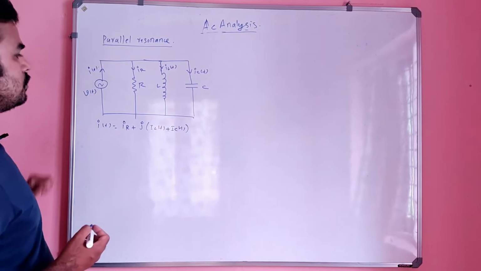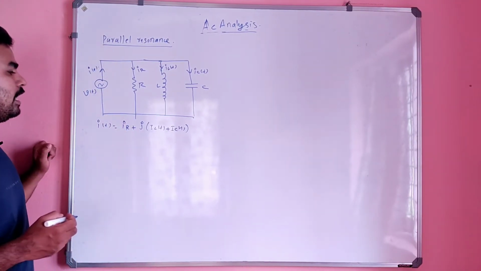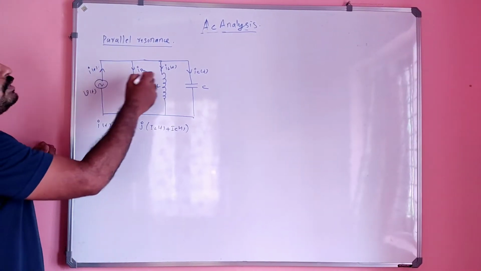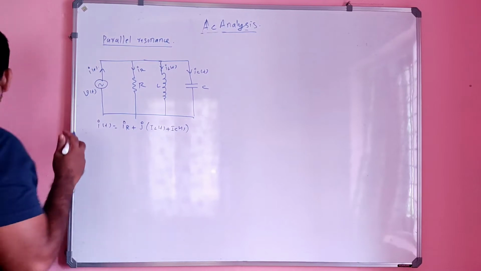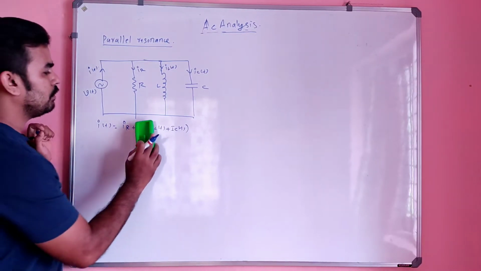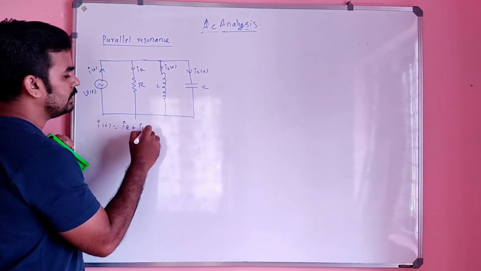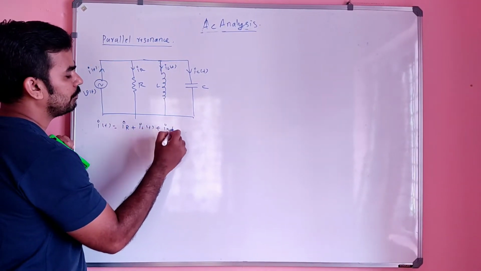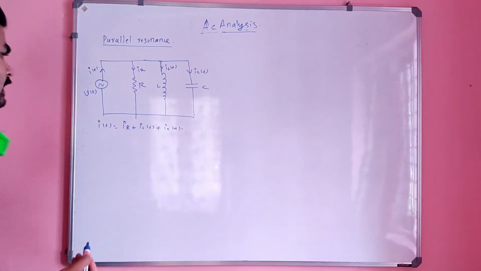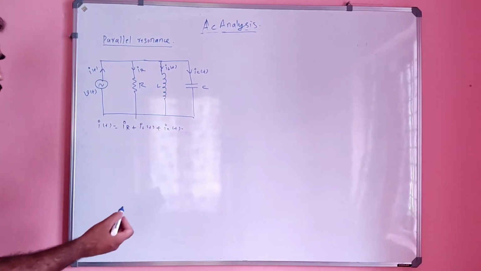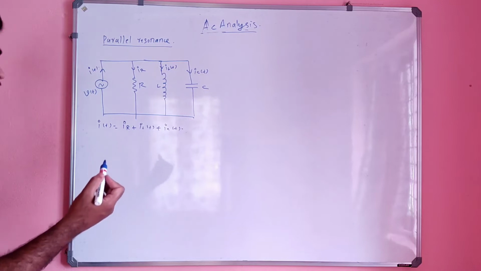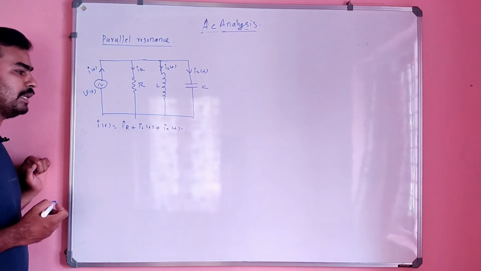This is the condition for I of T, because the vectorial sum of these will give the value. You may find what IL of T and IC of T are, and accordingly you can give minus and plus signs. That is very easy actually.